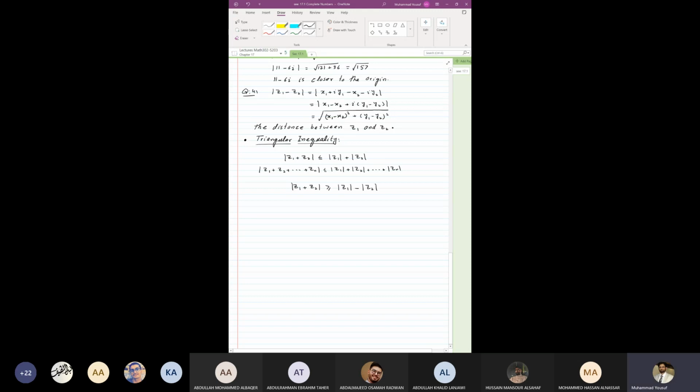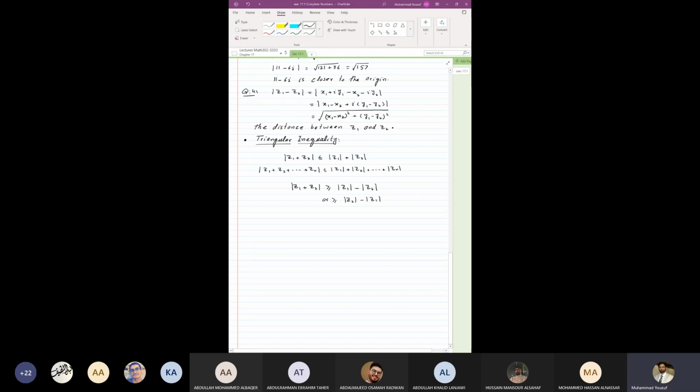You can also say greater than or equal to the absolute value of Z2 minus the absolute value of Z1.